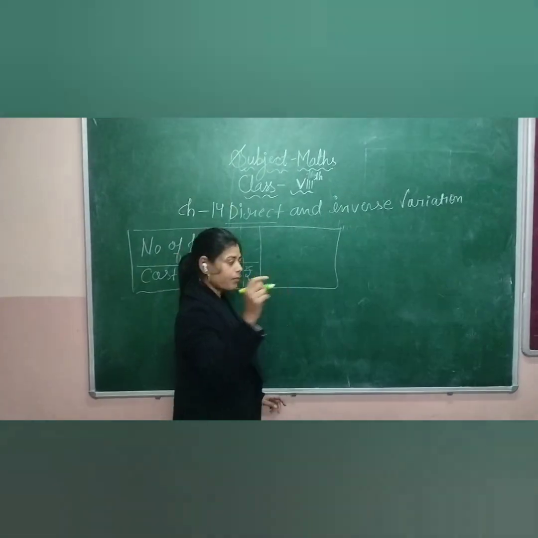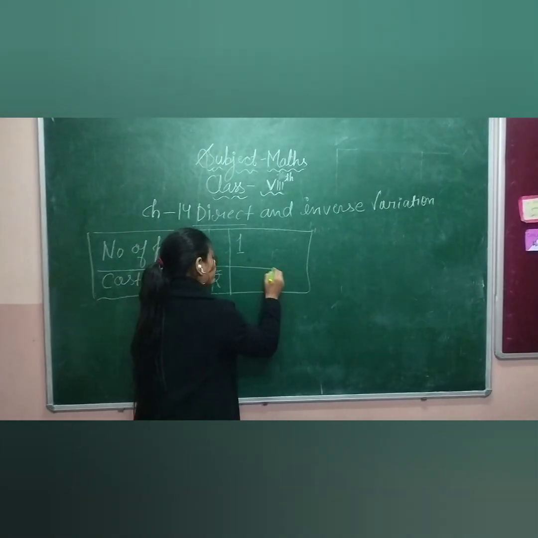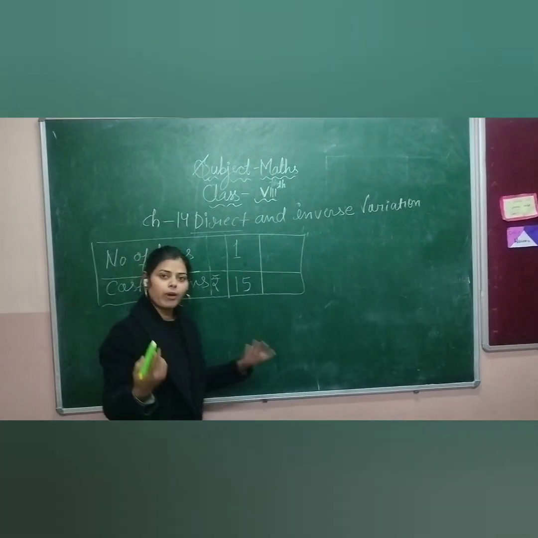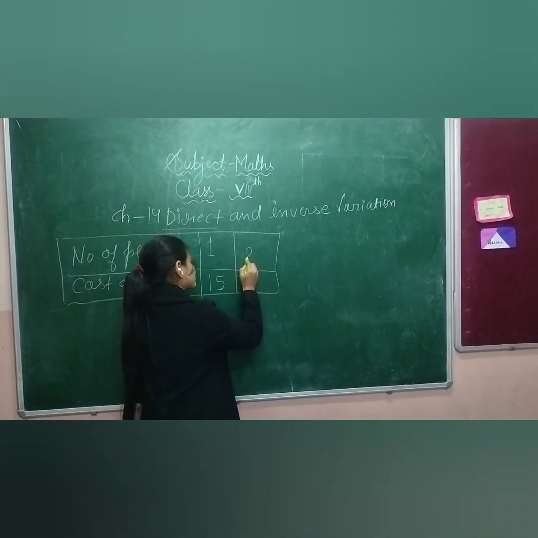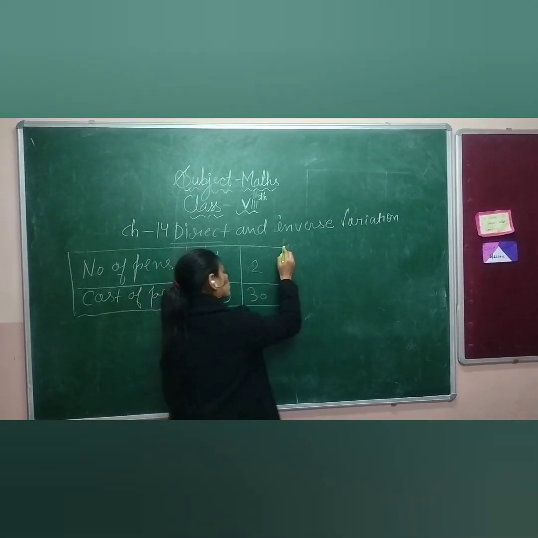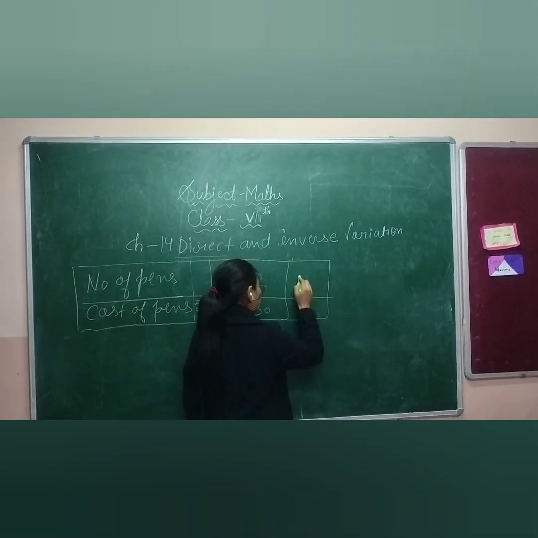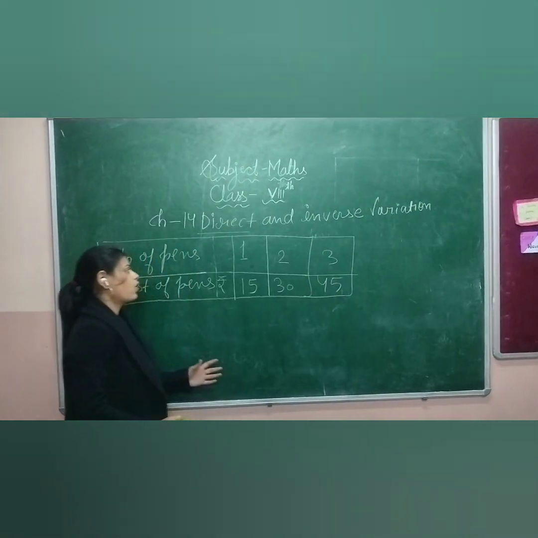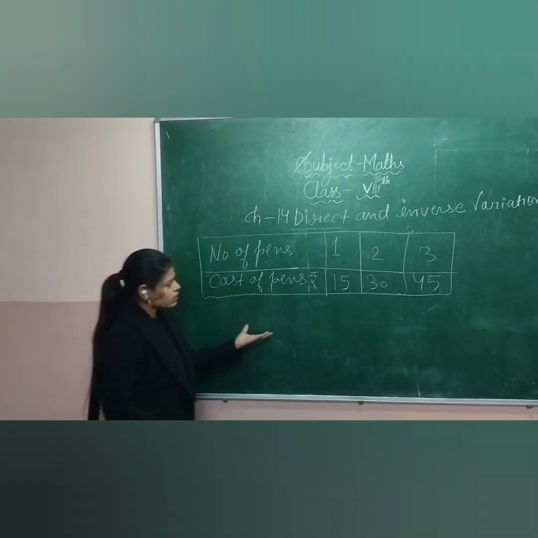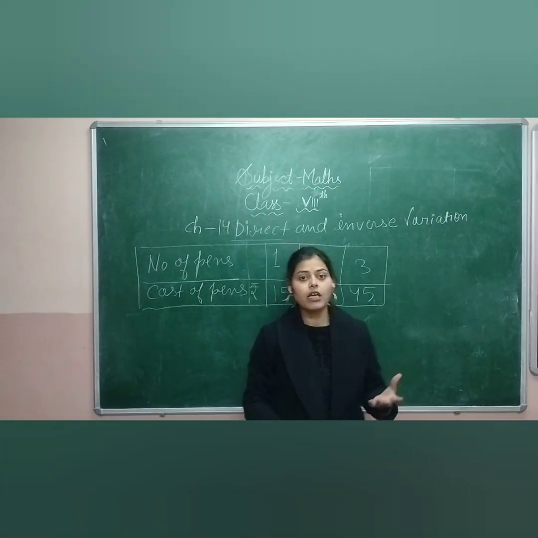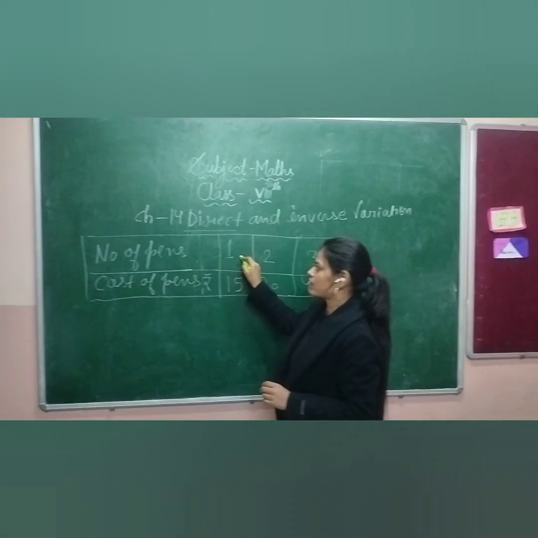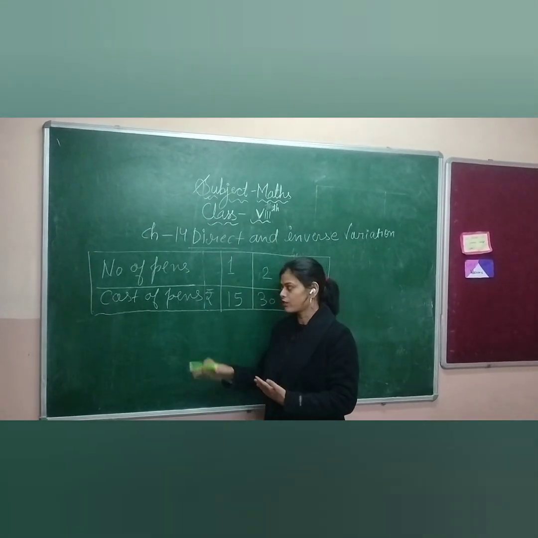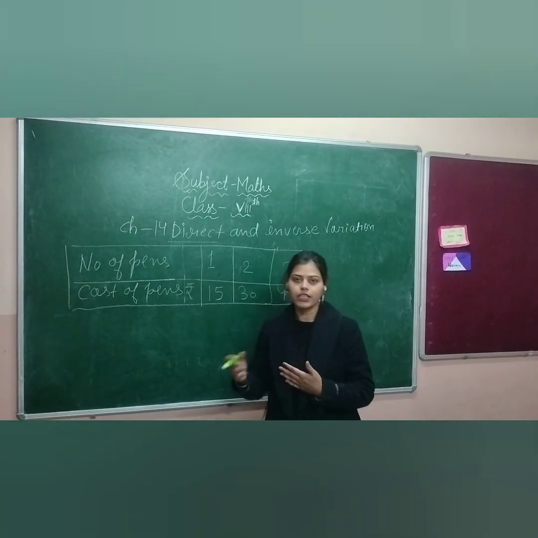If I buy one pen, the cost of that pen will be 15. Similarly, the cost of two pens will be 30, right? And so on. Three pens will cost 45 rupees, right? Now, as you can see in this example, as you are increasing the number of pens, the cost is also increasing.